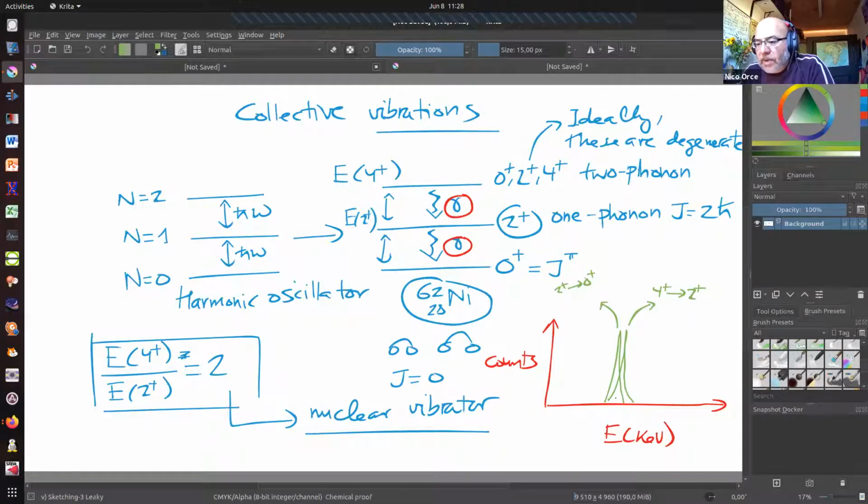So basically, in an ideal vibrator we'll see just one peak right there. Ideally there won't be any separation, but truly we see a little bit of separation between the peaks. And this will be the characteristic of a vibrating nucleus. The energy ratio of this 4 plus to 2 plus is 2.